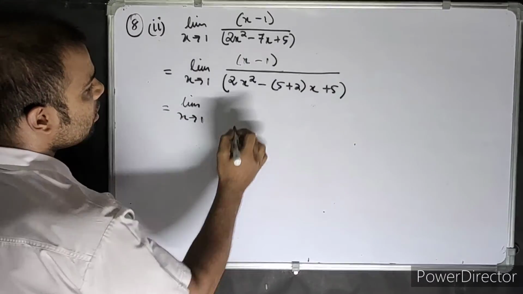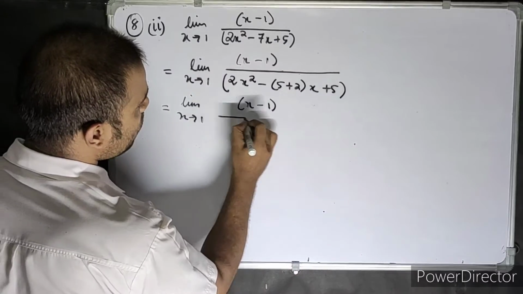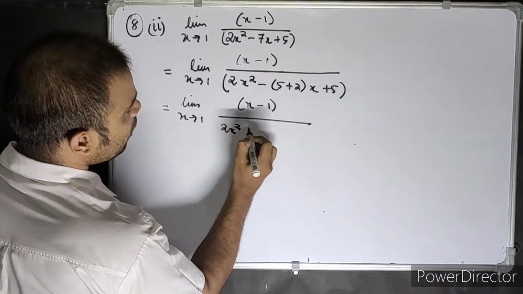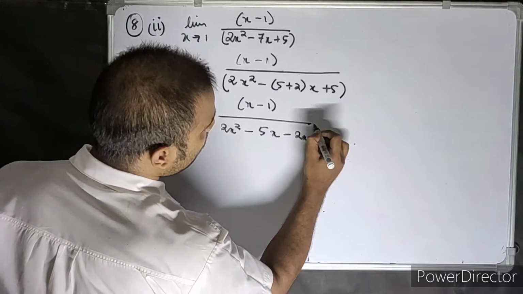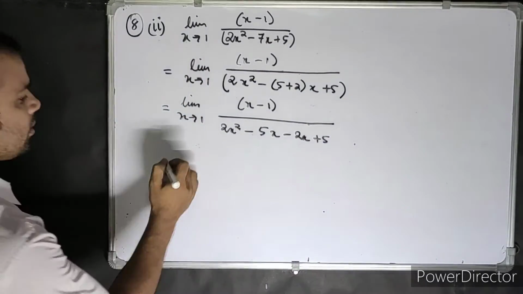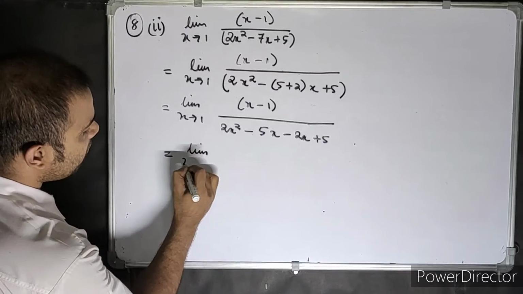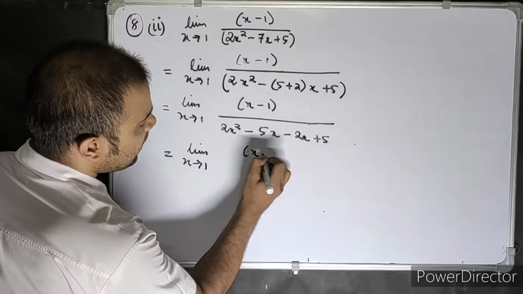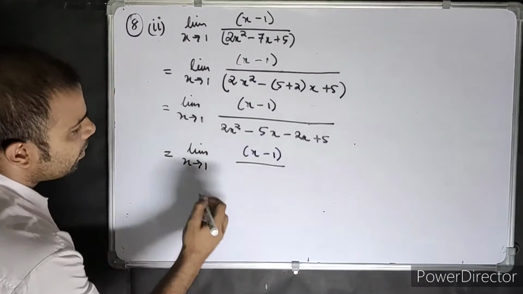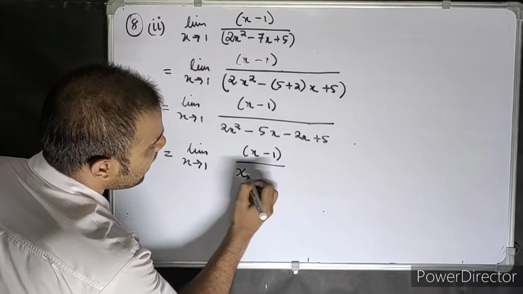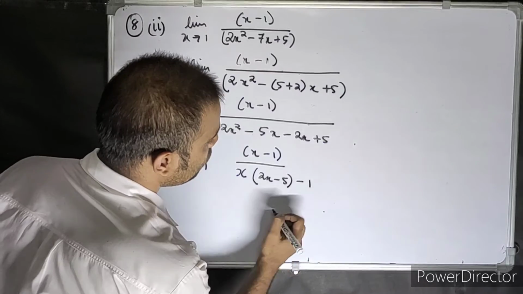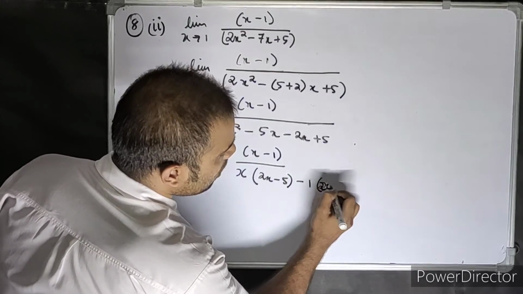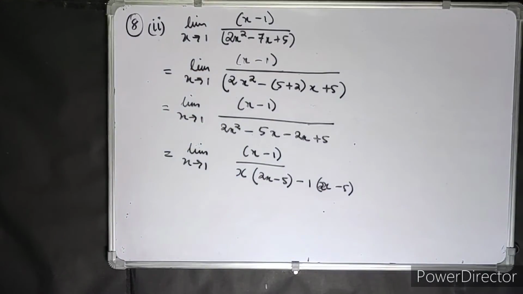Limit x tends to 1, x minus 1 whole thing divided by 2x square minus 5x minus 2x plus 5. Alright, so that is limit of x tends to 1, x minus 1. Take out the x term, you get 2x minus 5. Take out the minus 1 term, you get again 2x minus 5.